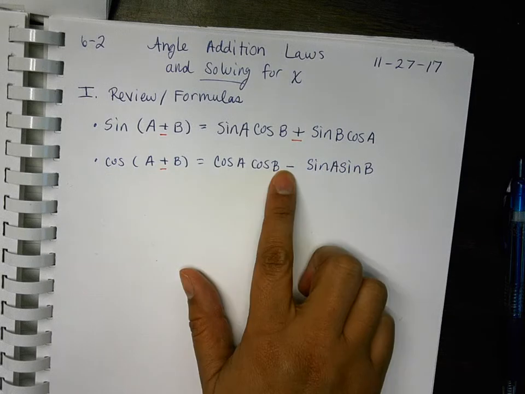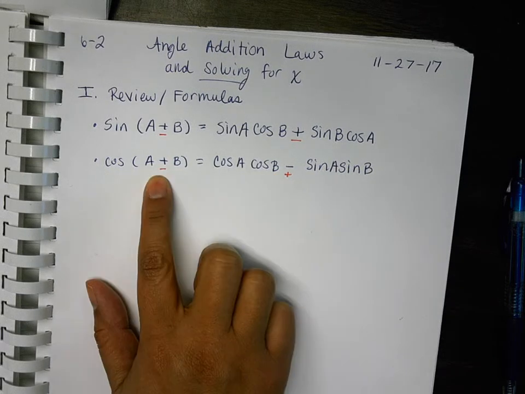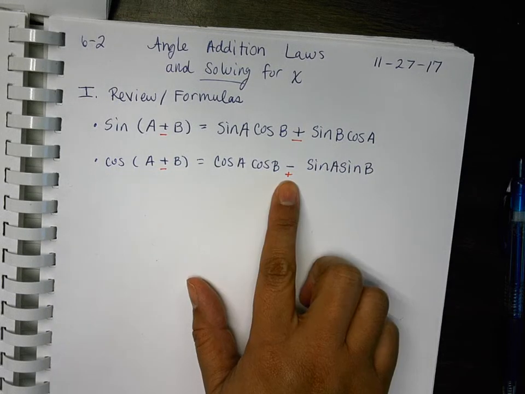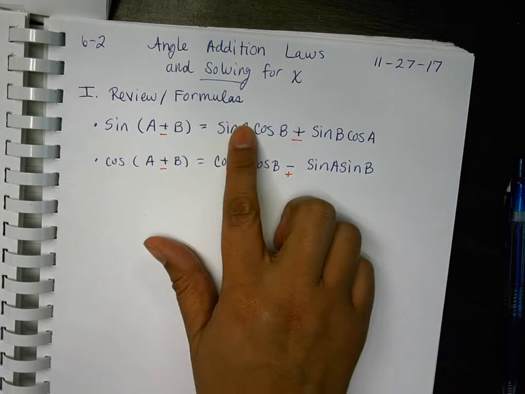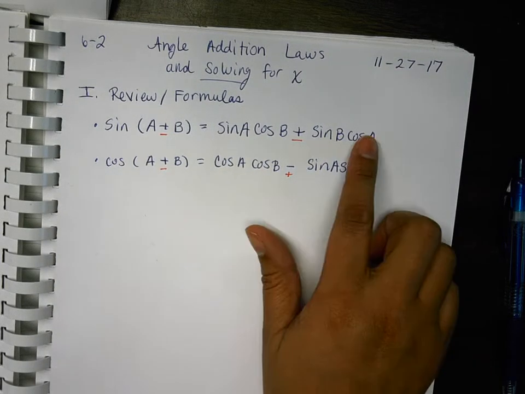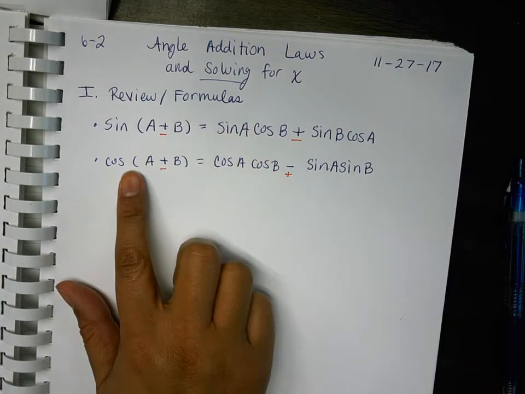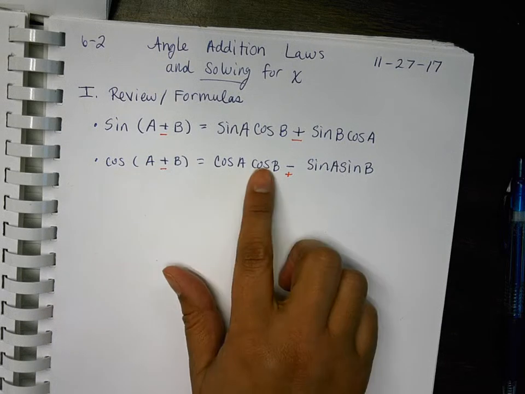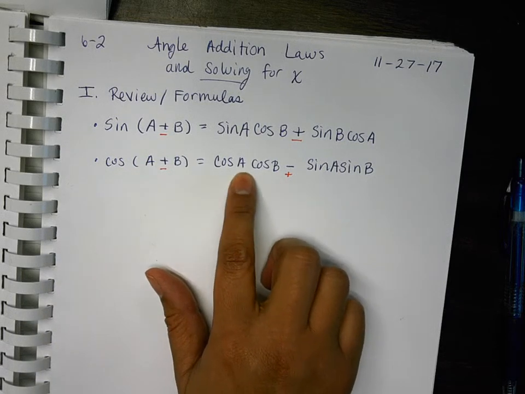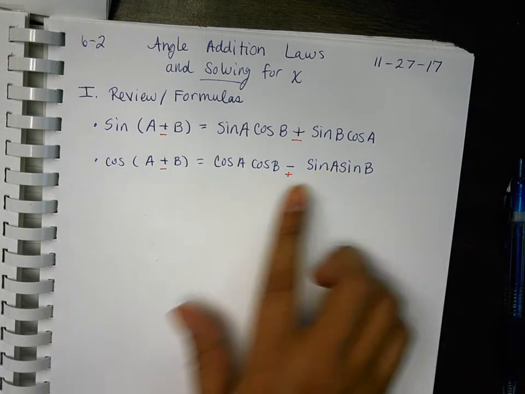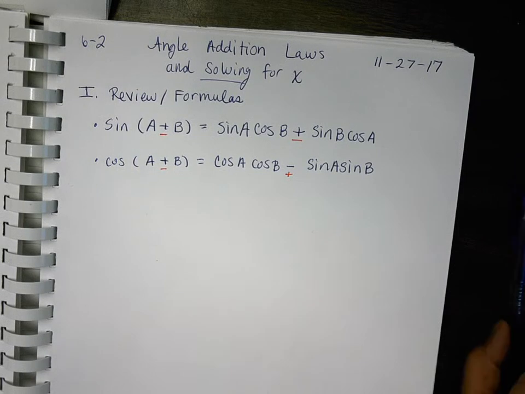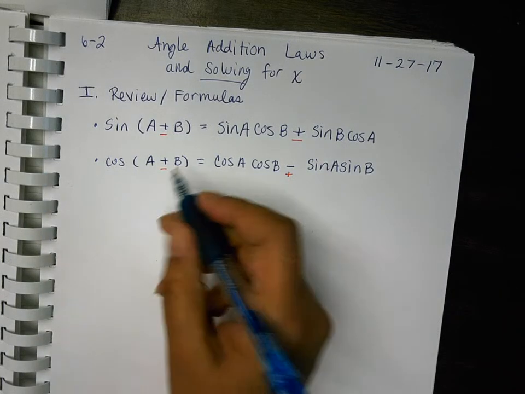So if it's plus, it's minus in the expansion, and if it's minus here, it's plus in the expansion. Sine is friendly, it hangs out with cosine, sine and cosine, sine and cosine. Where we said cosine was snobby, it hangs out with only its own kind, cosine with cosine, and sine with sine. Got it?